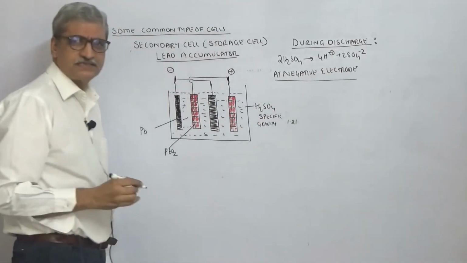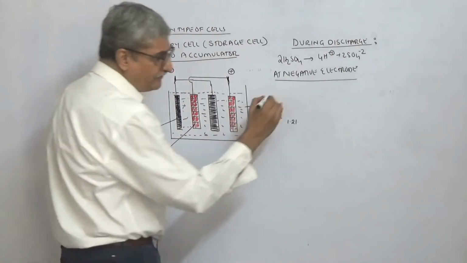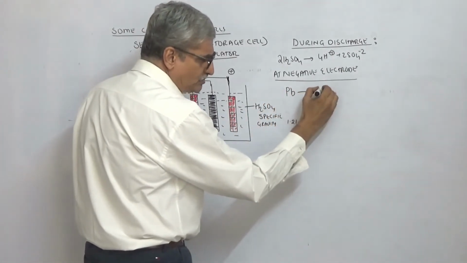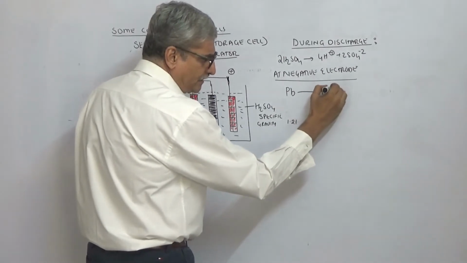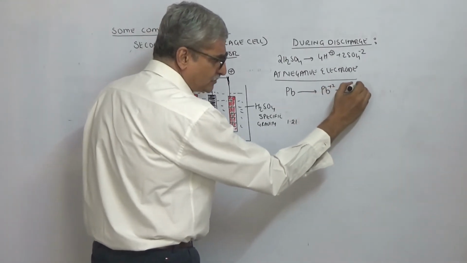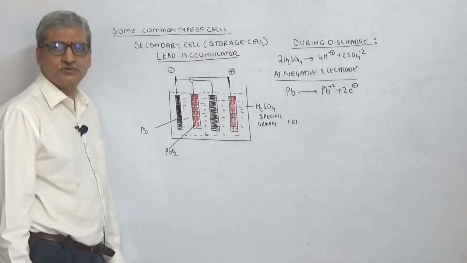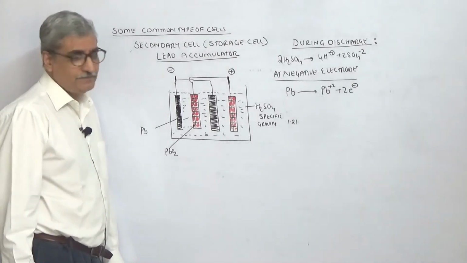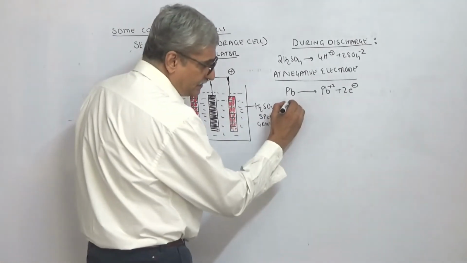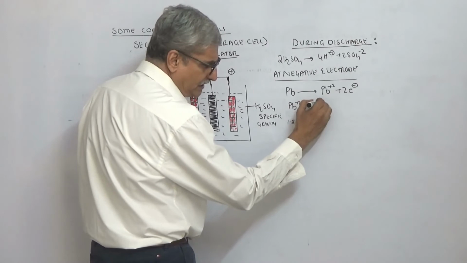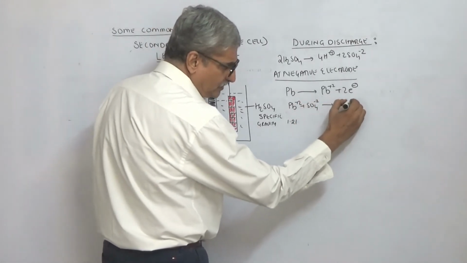So at the negative electrode, listen carefully, we have lead, Pb. Pb undergoes oxidation to form Pb2+ plus 2 electrons. But then this lead ion Pb2+ immediately reacts with sulfate to form lead sulfate.